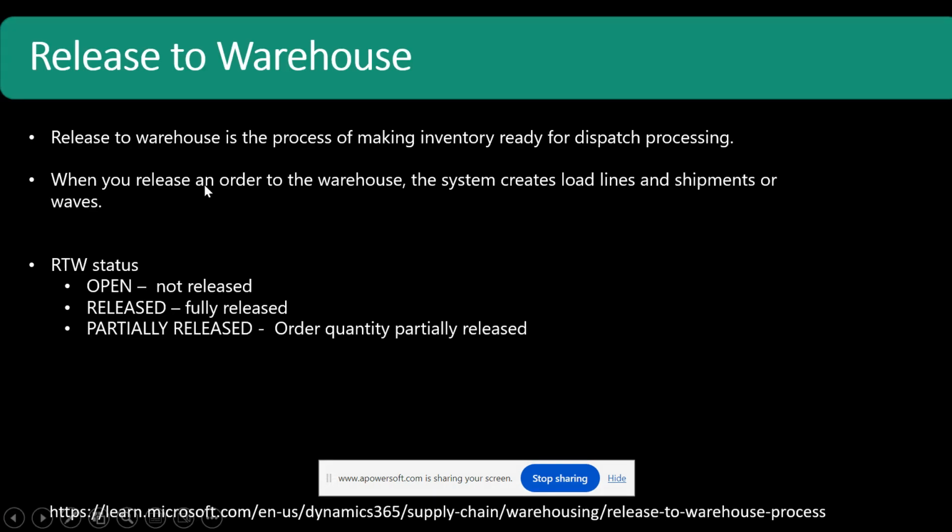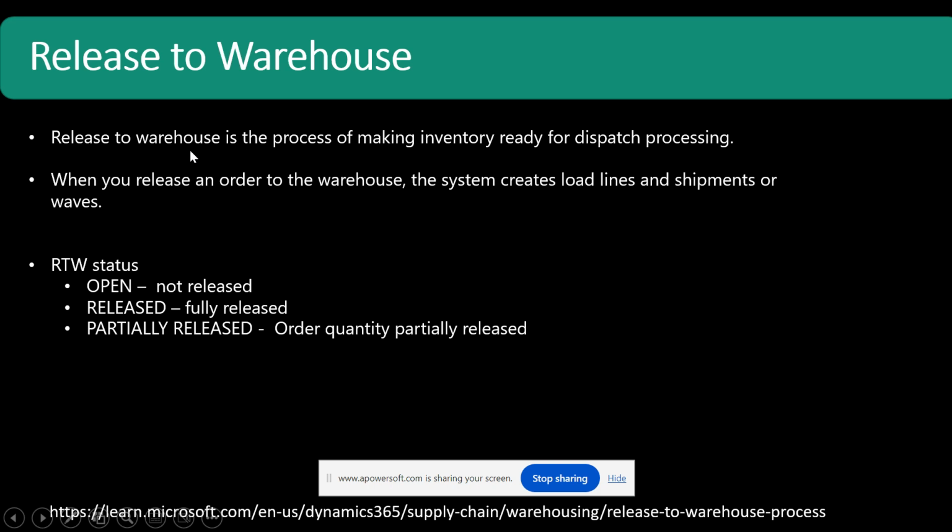So first of all, what is release to warehouse? Like we discussed in our episode number 2, release to warehouse is the process of making inventory ready for dispatch processing. Let's take a live example: you are working in your head office processing the sales orders for customers, and once the sales order is confirmed, you do the reservation based on your reservation hierarchy, and then you authorize the warehouse worker to pick and dispatch the material.